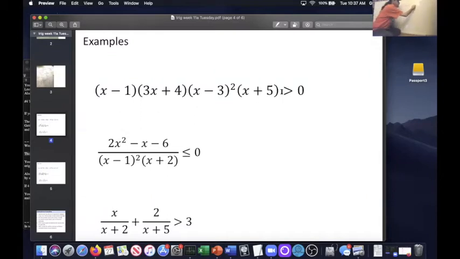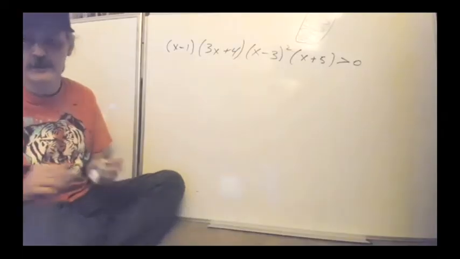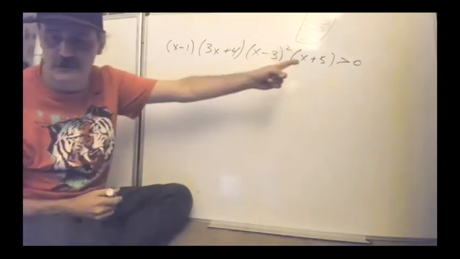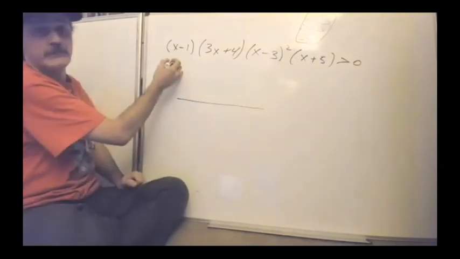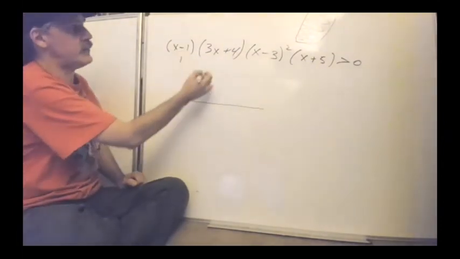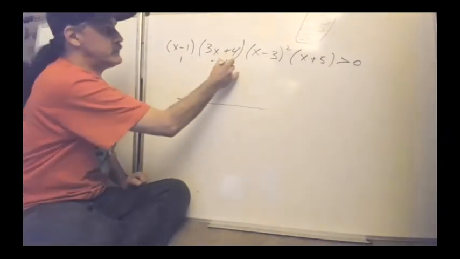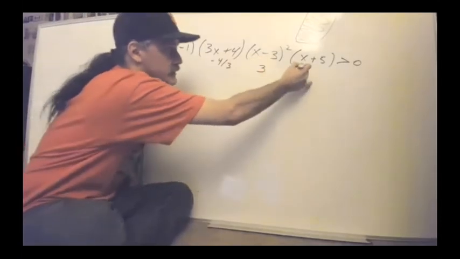Okay, so the fact that this is in factored form is really helpful because we can quickly get the x-intercepts and then just start using test points. And we have an even multiplicity, but we don't really need to know that because we're just solving an inequality. Okay, so let's see, you put these equal to 0, this one's going to be 1, this one's going to be -4/3, this one's going to be 3, and this one's going to be -5.